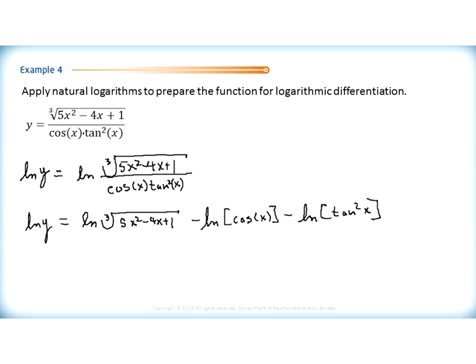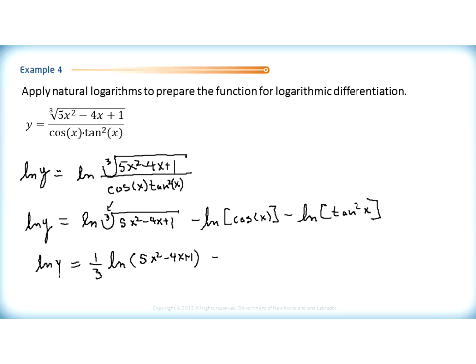Okay, so now for all of that, I can simplify a little bit more. This cube root that I see in my numerator can become a 1/3 multiplied in front of the ln, because that's the same as the power of 1/3. So I have 1/3 times the ln of 5x squared minus 4x plus 1.